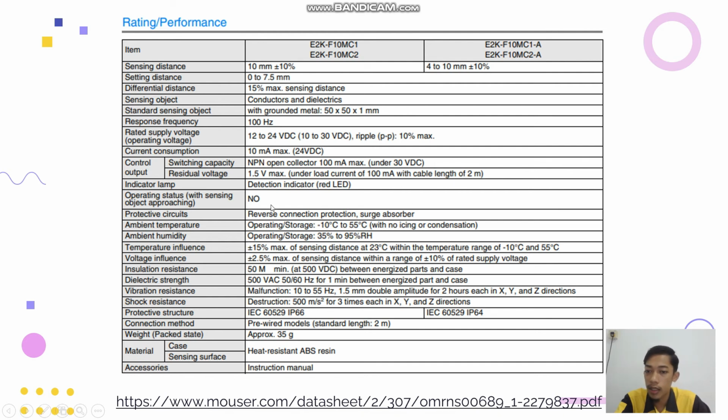The indicator lamp is a detection indicator, which is a red LED. The weight is approximately 35 grams.